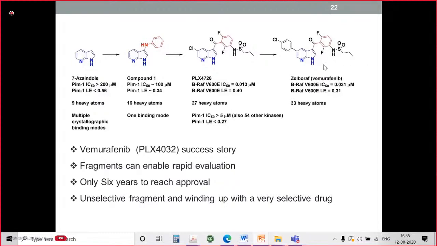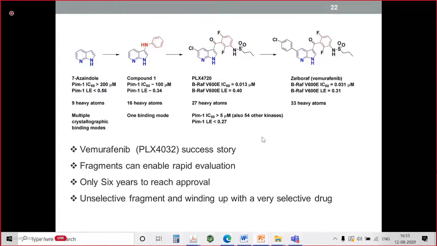This is much more selective toward the BRAF mutated oncogene protein. So this led to the successful story of vemurafenib as an anti-cancer drug, and this drug was developed in only 6 years.